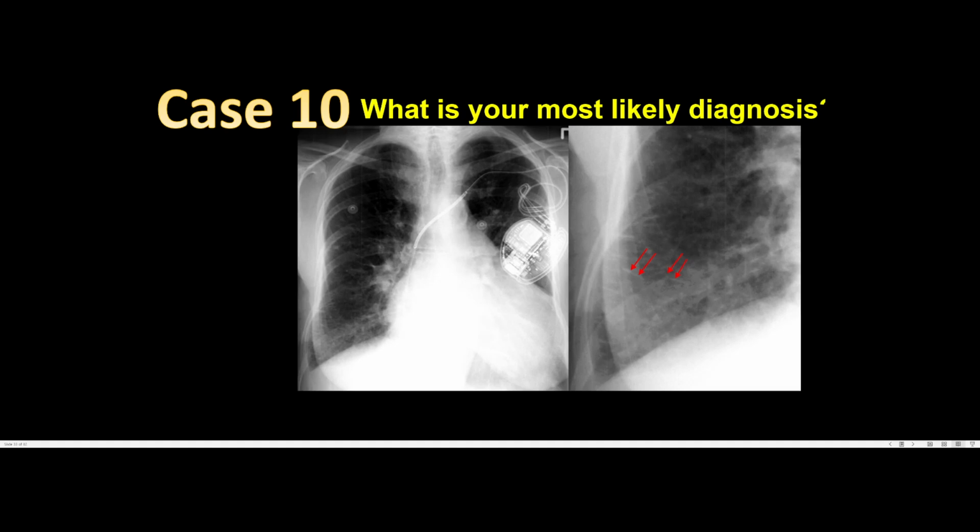And on top of that, if we zoom in further on this picture, the same patient, we might notice a very incidental, very subtle finding. And that is the fact that there are prominent vascular markings, or let's say prominent interstitial markings.